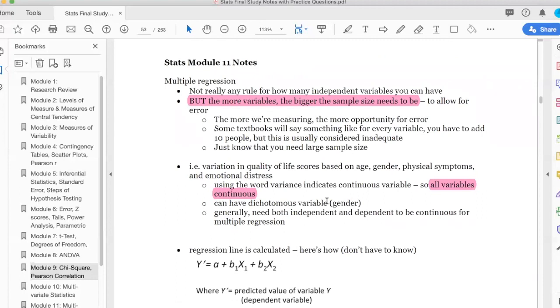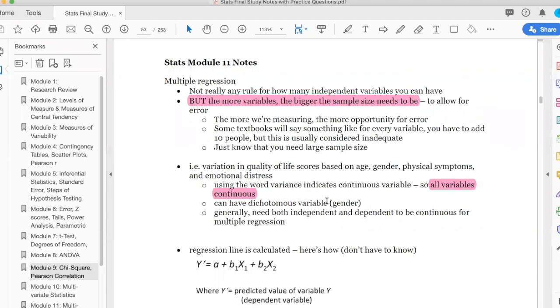Now, with your multiple regression, there isn't really any rule for how many independent variables you can have. You can have a lot, but the more variables you have, you need to have a bigger sample size. I'm guessing you'll get quite a few questions about error and sample size. If you're confused, just go with sample size.